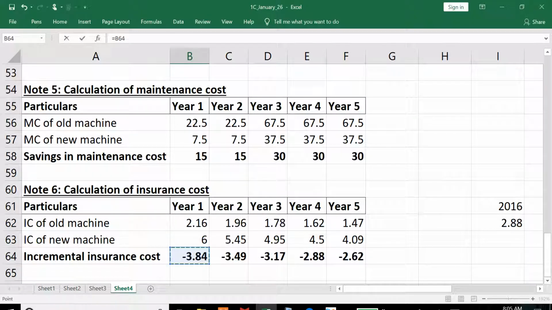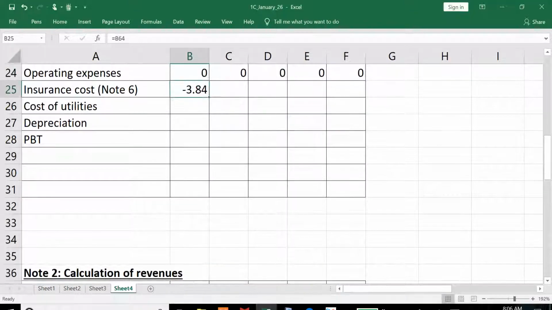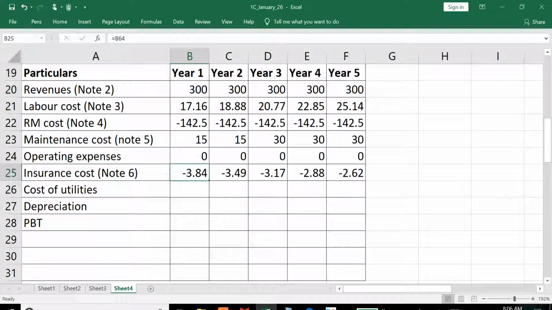That 6 is 300 lakhs into 2%. 300 lakhs for the new machine, 3 machines into 100 lakhs into 2%, which is 2% of the original cost of the machine. The line is not given for the new machine, so you take it as per the old machine. This is an extra cost.